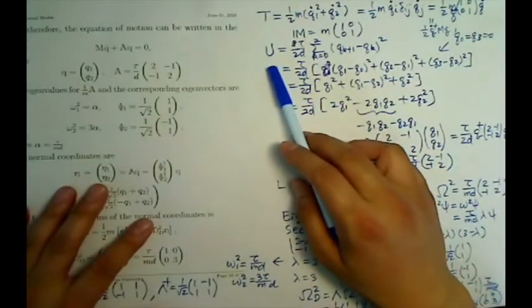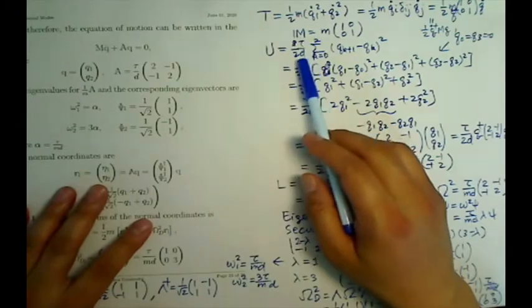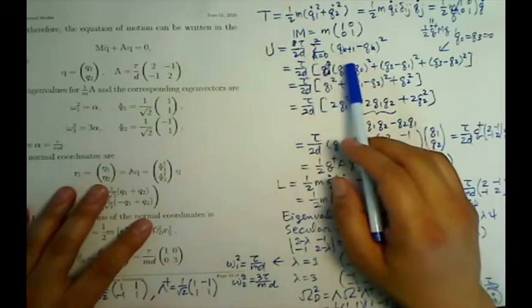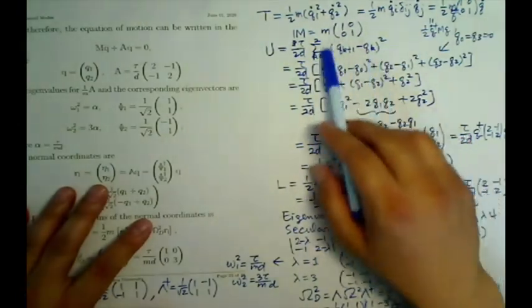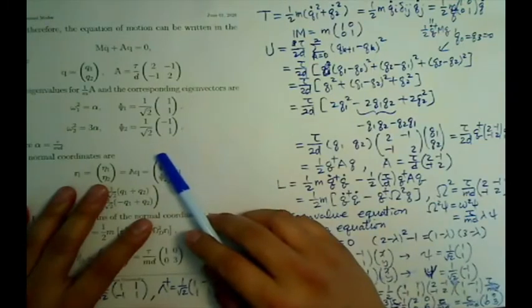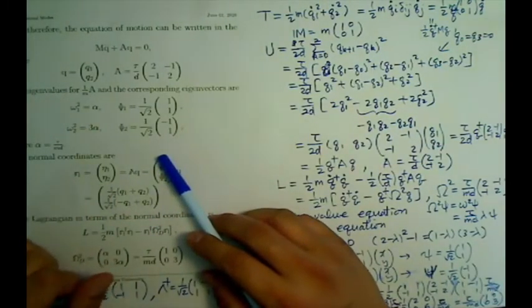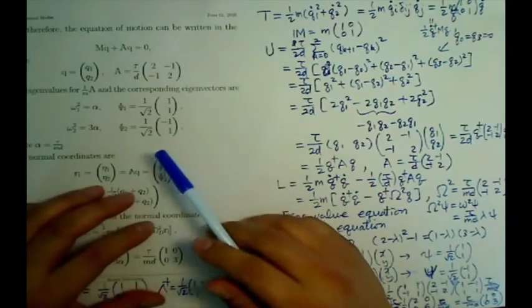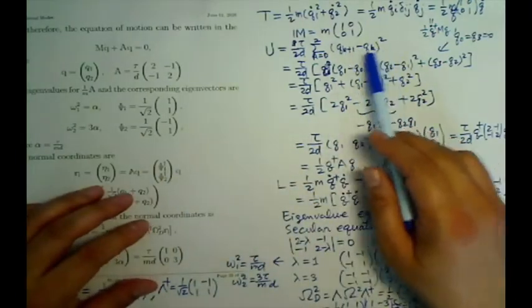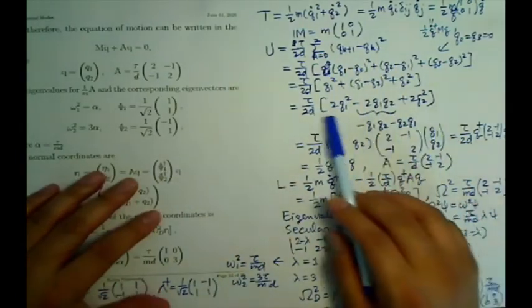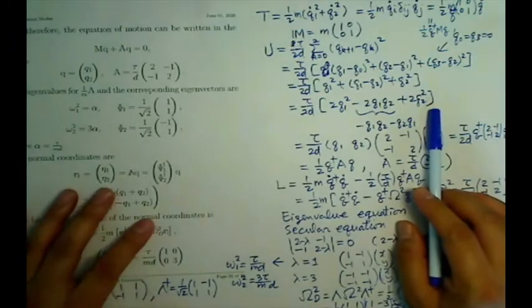The potential energy was found to be tau over 2d multiplied by the sum of the square of the difference of the transverse displacement for adjacent beads. If I expand everything altogether, what we find is this one.